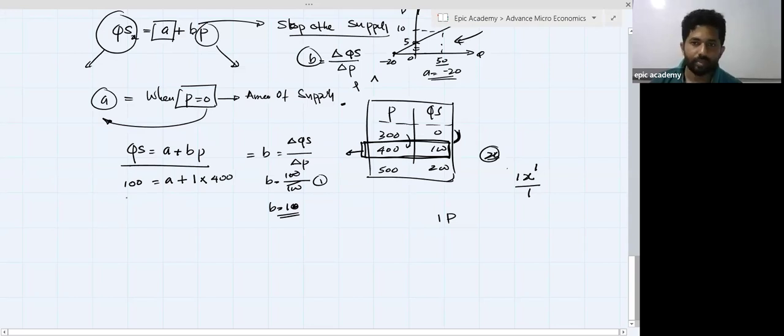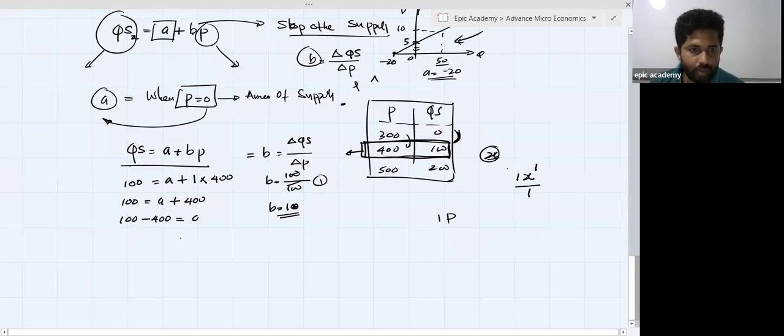Then 100 equal A plus 400 multiplied by 1 equal 400. So then 100, we are going to change the direction of plus 400 into minus 400.